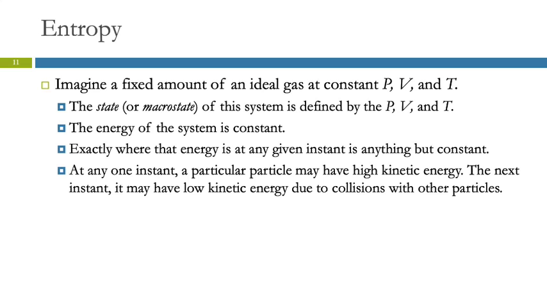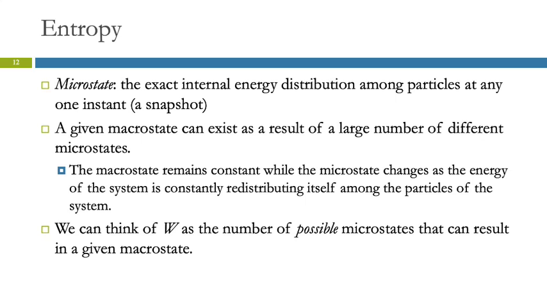And so we have the arrangement of energy shifting. So a microstate would be the exact internal energy distribution among the particles at any one instant, like taking a snapshot of where all of the atoms are and what their energies are.